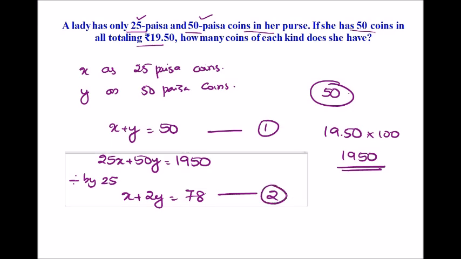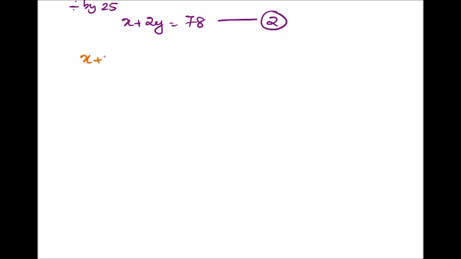Now we will get two linear equations. We need to solve these two linear equations. Then we will get the answer. x plus y is equal to 50 and x plus 2y is equal to 78.